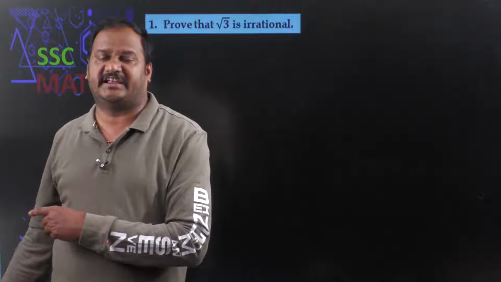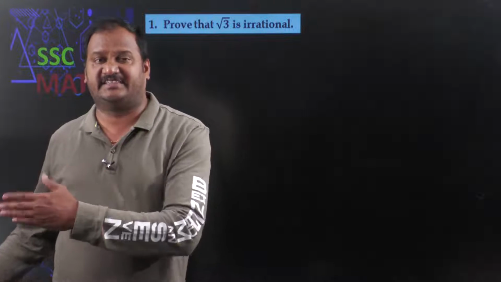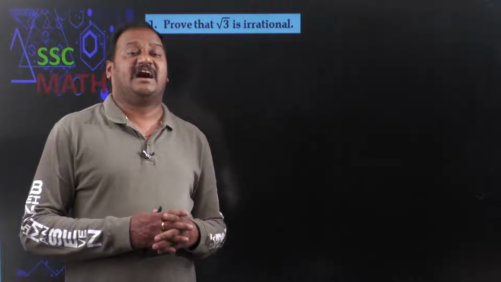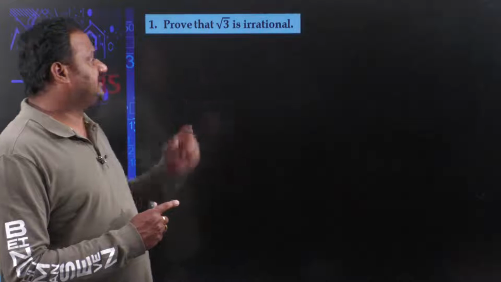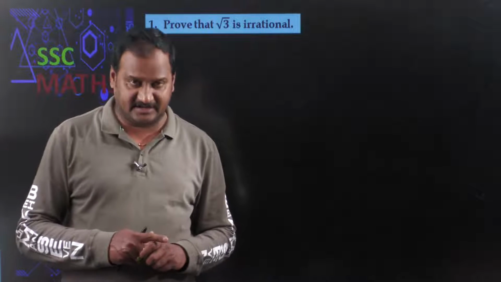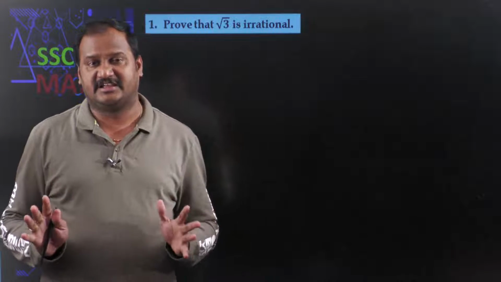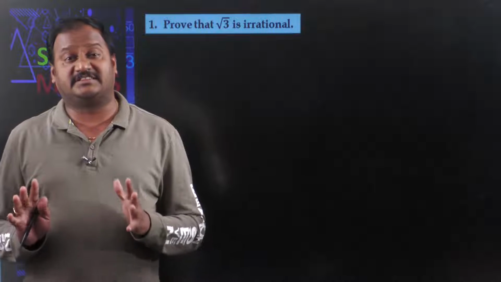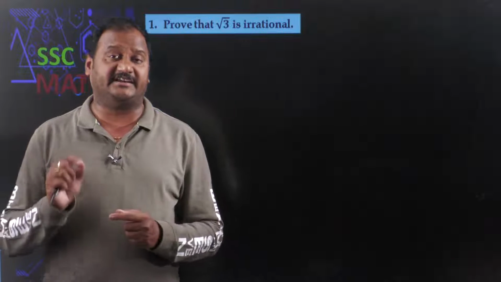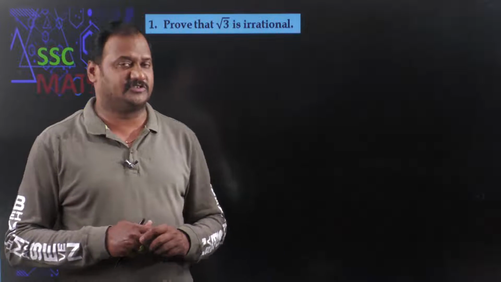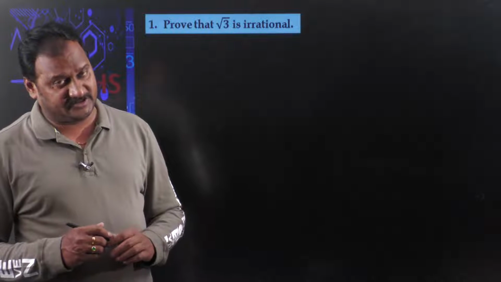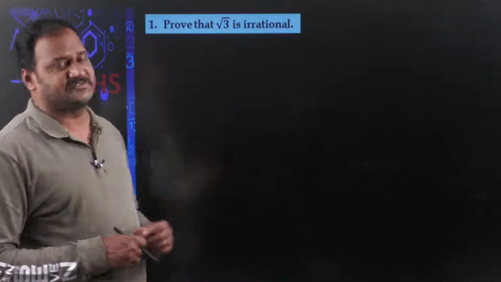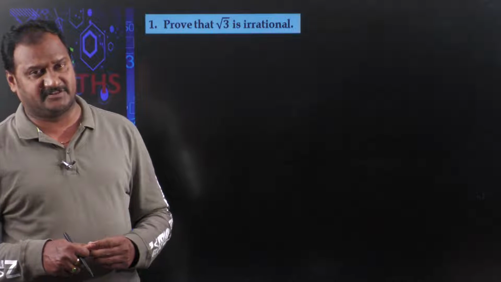That is why you arrive at a contradiction. So our assumption is wrong, and therefore root 3 is an irrational number. That is the proof of the statement, which is called the indirect method of proof. I will explain by this problem what the indirect method of proof is and how you prove this kind of statement using it.